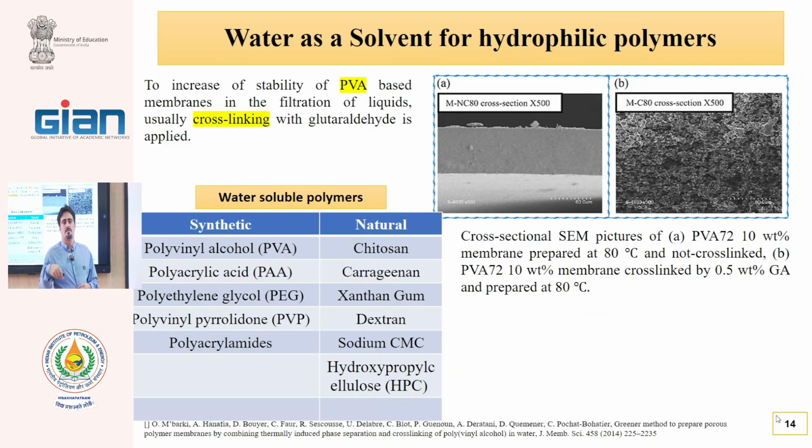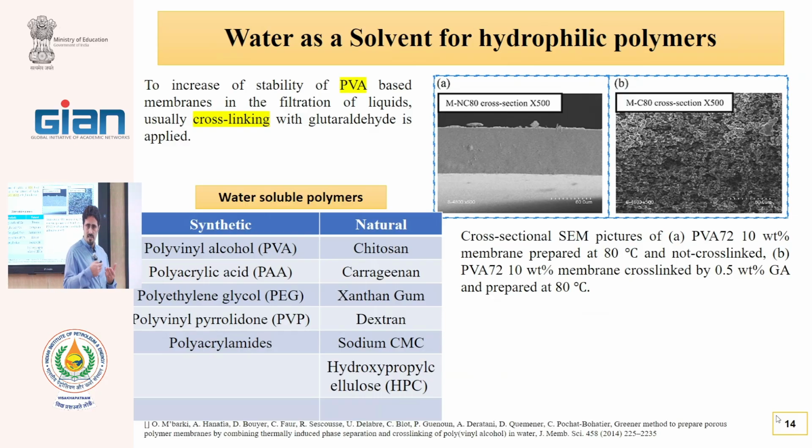Both porous and non-porous membranes can be prepared. In this case, we have not used water as a non-solvent, because here we have water as a solvent. Therefore, for example, for production of the non-porous membrane, we used the WIPS method.